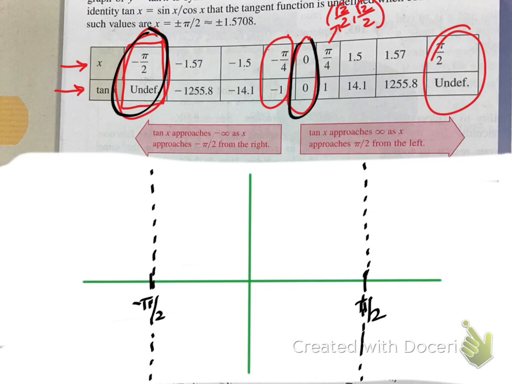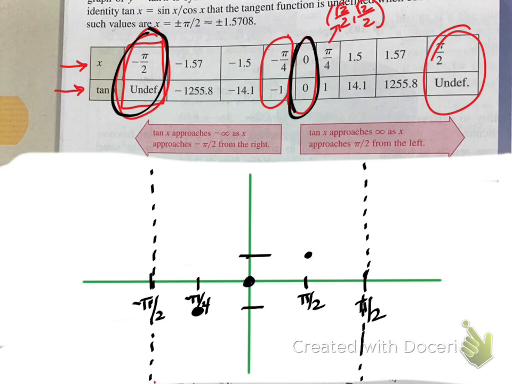I need you to do the midpoint between those at 0, be your x-axis. Negative pi over 4 would be halfway between these, and it's at negative 1. Positive pi over 4 would be halfway between these, and it's at positive 1. That's really all I need you to graph.